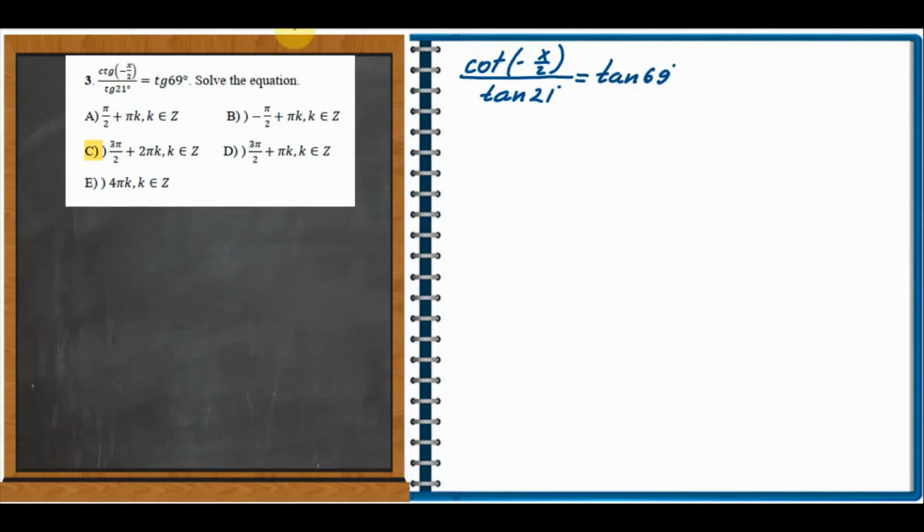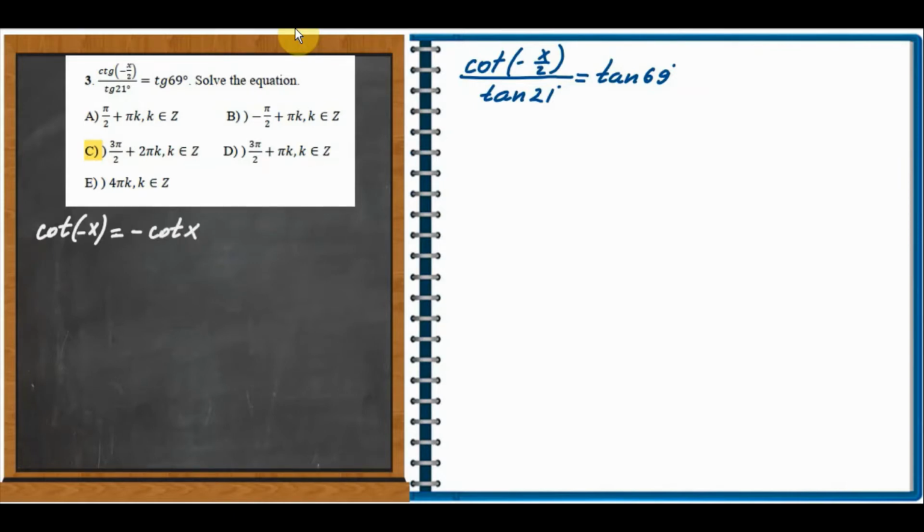So in order to solve this equation, what formulas, what properties do we need to know? Let's write. First, cotangent is an odd function. It means the opposite input of cotangent will give the opposite of cotangent.